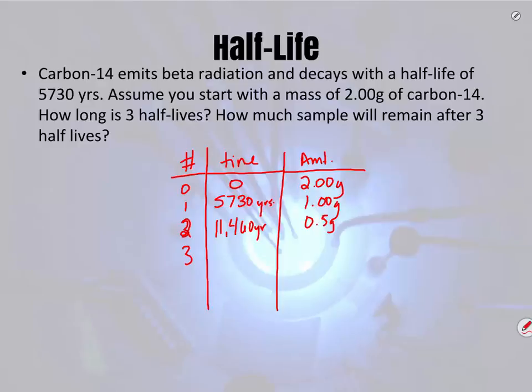Now one more, so I add 5,730 to the one before, and I get 17,190 years, and cut my sample in half, 0.25 grams. So my first question, how long? It would be 17,190 years. And how much of my sample? 0.25 grams. The table is really helpful when you're doing these problems, but if you don't need to use the table, you don't have to use it.